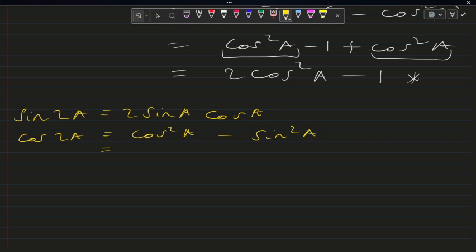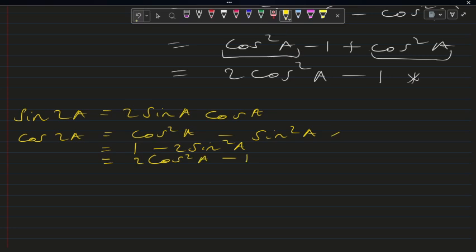Another way of representing cos of 2a is 1 minus 2 sine squared a. And another way is 2 cos squared a minus 1.